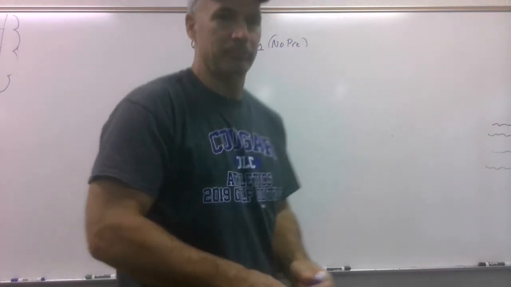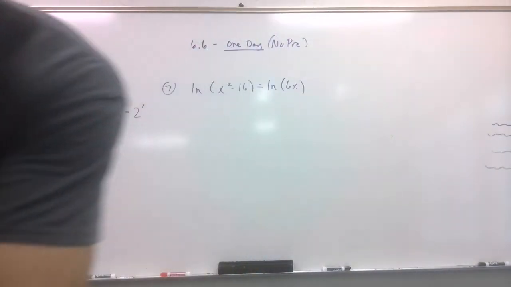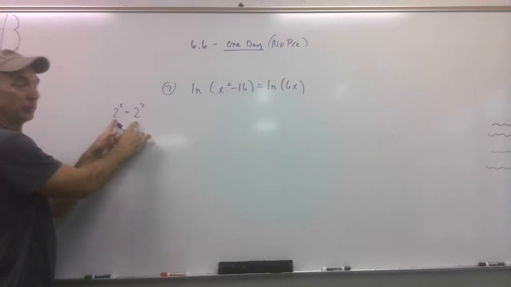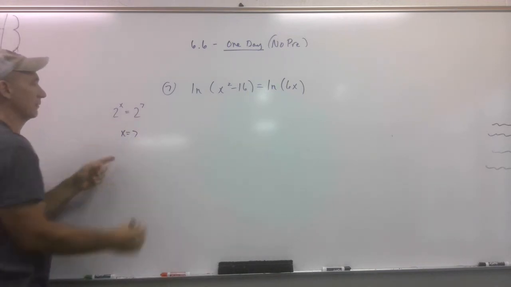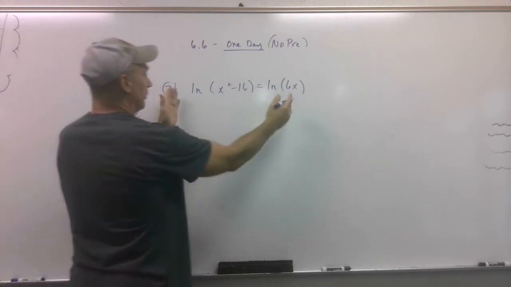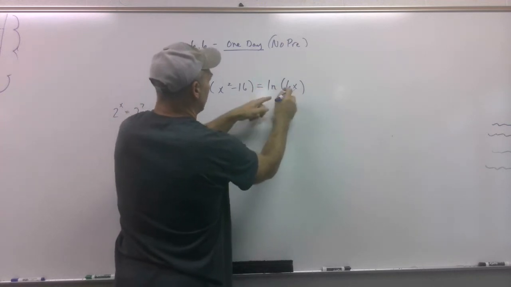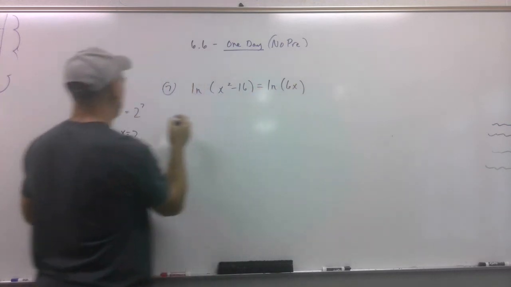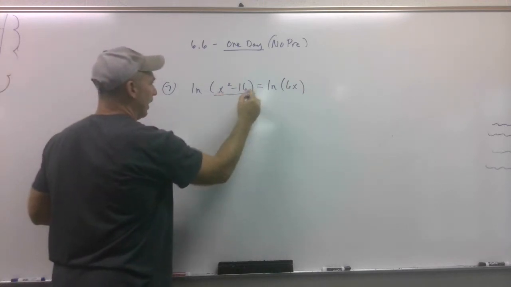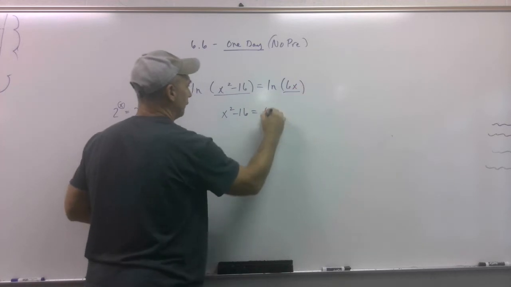Okay, so a few more problems, slightly different. If you can look at this one and just go, you know what, I know x is 7, you're using basic logic. Now look at this. The natural log of this crazy looking thing is equal to the natural log of this crazy looking thing. Well, just like this exponent has to equal that exponent, this stuff has to equal that stuff.